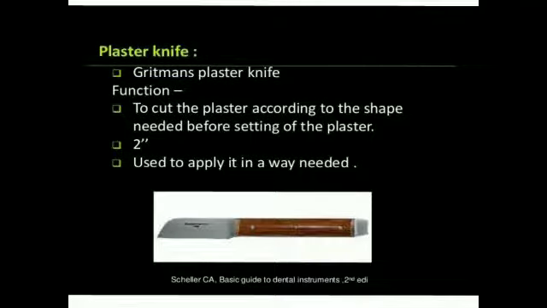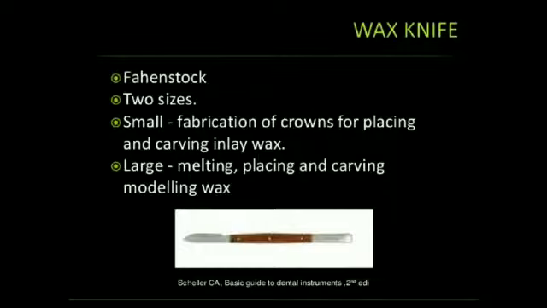Wax knife, Gillman's plaster knife. Coming to the functions, it is used to cut the plaster according to the shape needed, applying it in the way needed. Wax knife, Frankfurt stock. They have two sizes, small at one end and large at the other end. The small size is used in fabrication of crowns for placing and carving inlay wax.